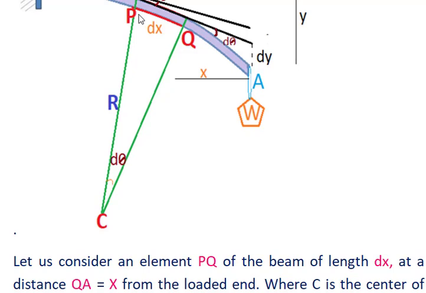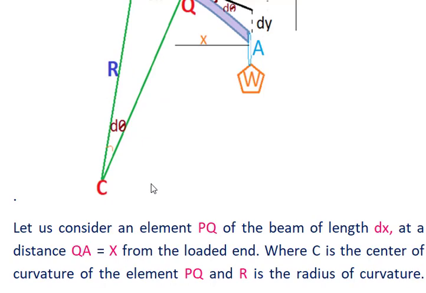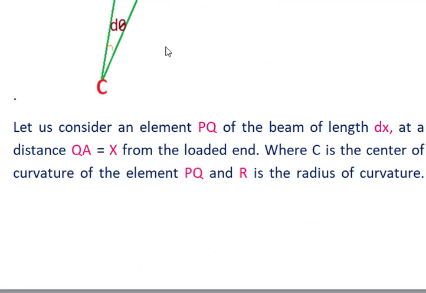So the element is PQ at a distance x from the loaded end, where C is the center of curvature of the element PQ, and capital R is the radius of curvature of this element PQ.